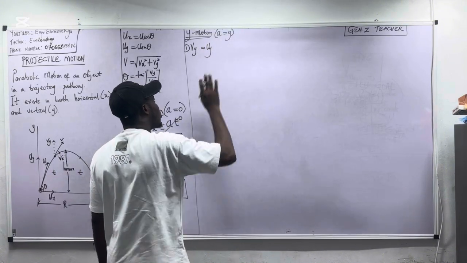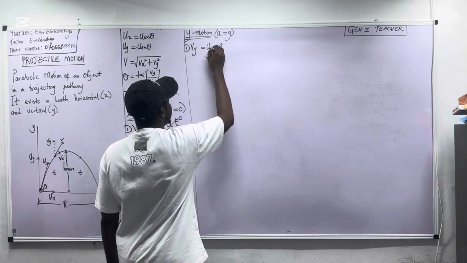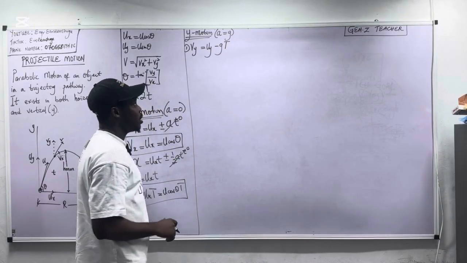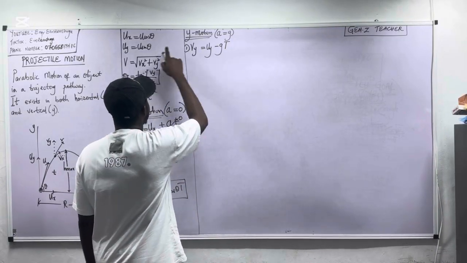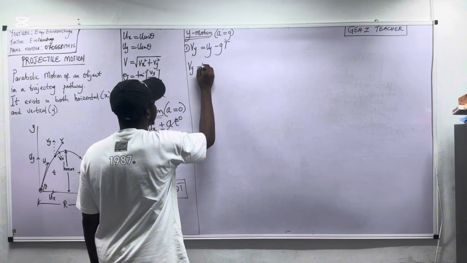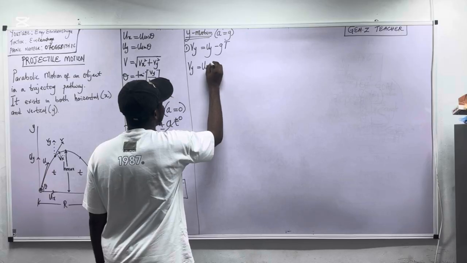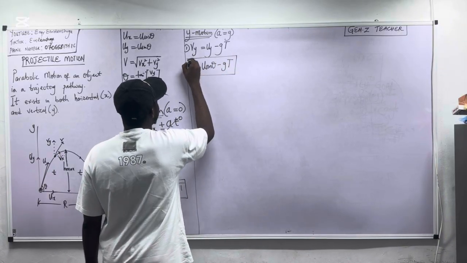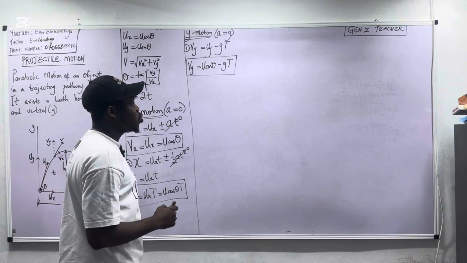Since we are going up, we'll be using a negative g, so minus g, and I can just say T for the entire motion. Recall again that uy is u sine theta. So this becomes vy equals u sine theta minus gT. This becomes the first equation for the vertical motion of a projectile.